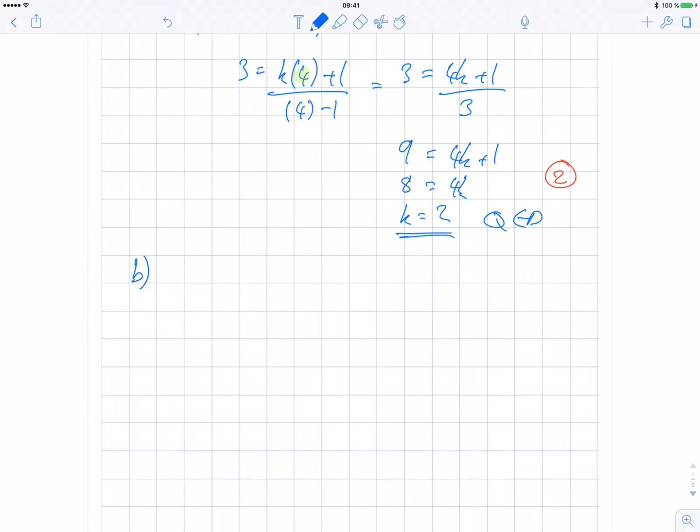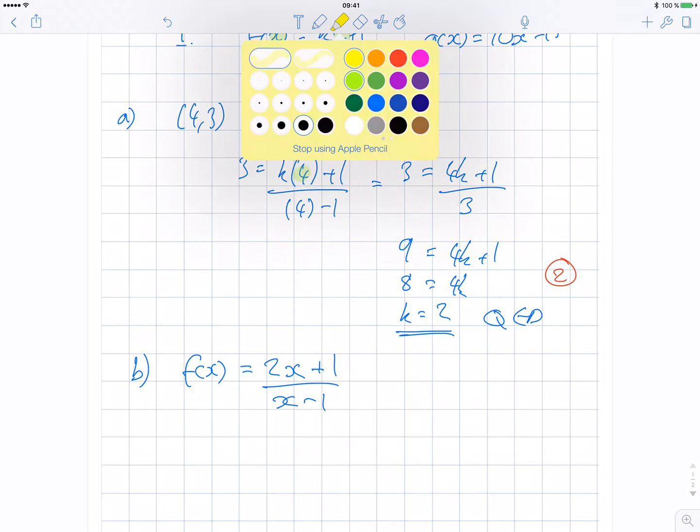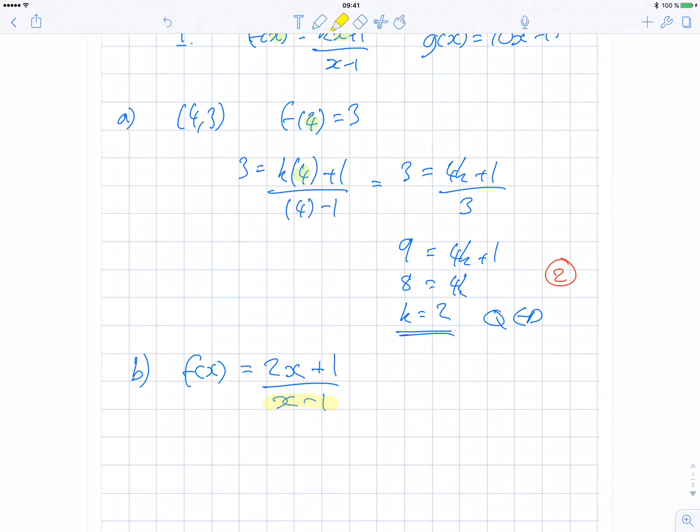Part B. What is the domain of f of x? So basically, to find the domain of f of x, we go back to f of x, which is equal to (2x plus 1) over (x minus 1), because k is 2. The domain is all about this denominator here. That can't be 0.